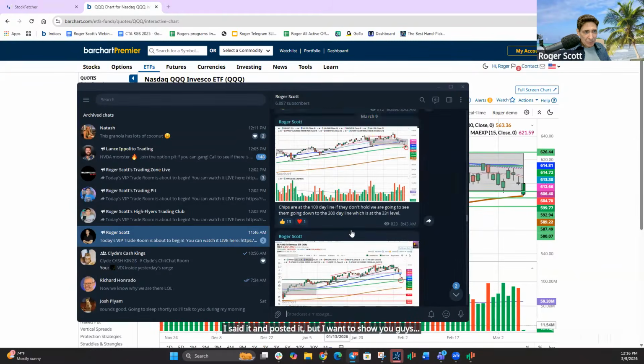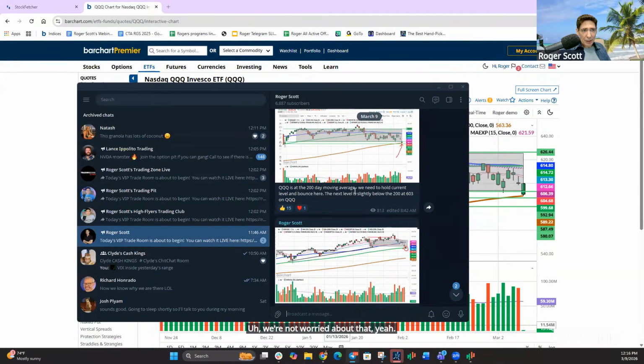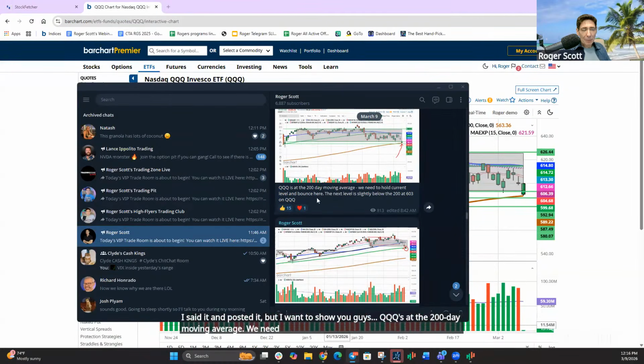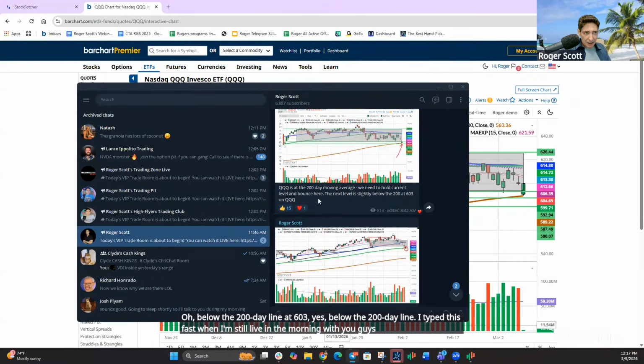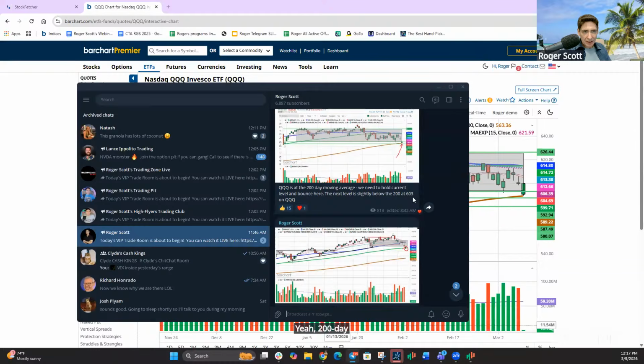Look, QQQ's at the 200-day moving average. We need to hold the current level and bounce here. The next level is slightly below the 200-day line at 603. I typed this fast while I was still live in the morning with you guys. Yeah, 200-day moving average, 200 at 603.